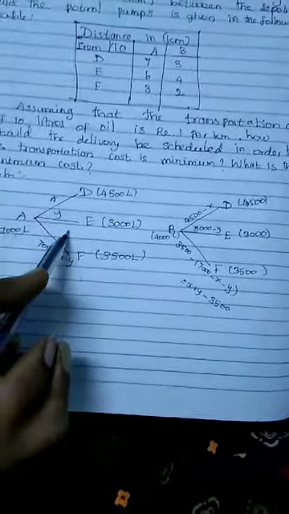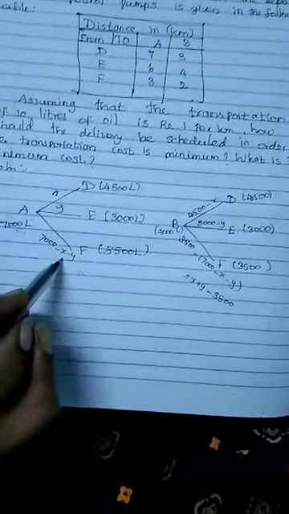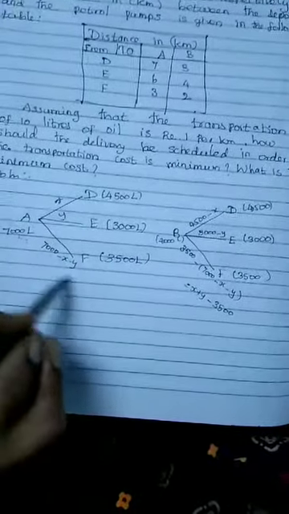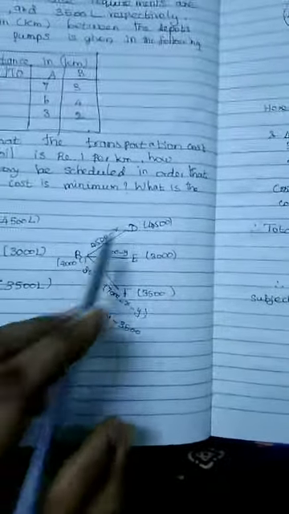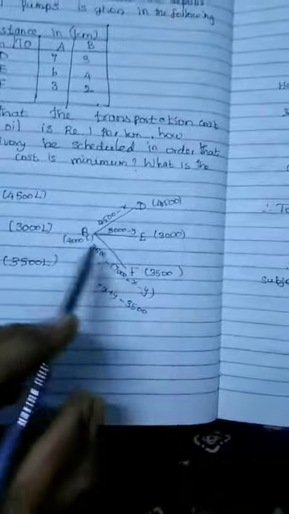So X and Y are left. The total capacity of A is 7,000, so 7,000 minus X minus Y is transferred to F. Similarly for B, the requirements of D, E, F are 4,500, 3,000 and 3,500.